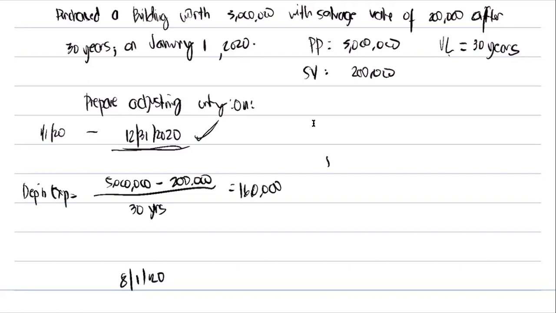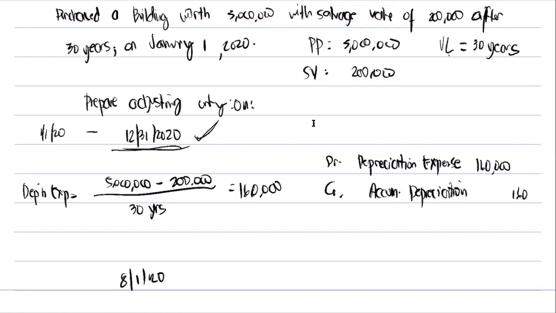So what is our entry? We debit depreciation expense and we credit accumulated depreciation, 160,000 pesos. Why? Because that is an annual depreciation.